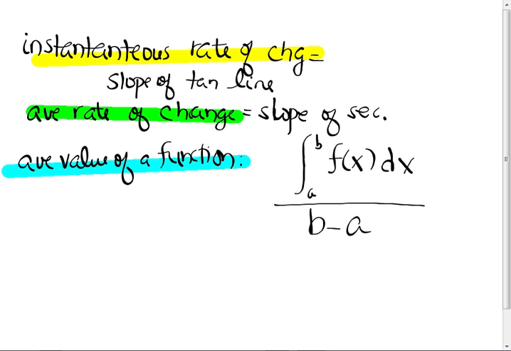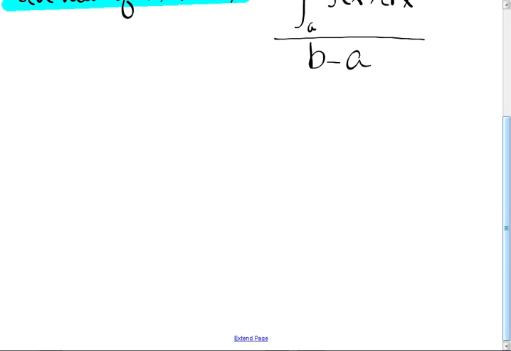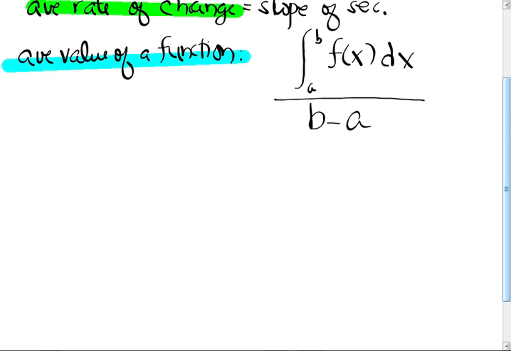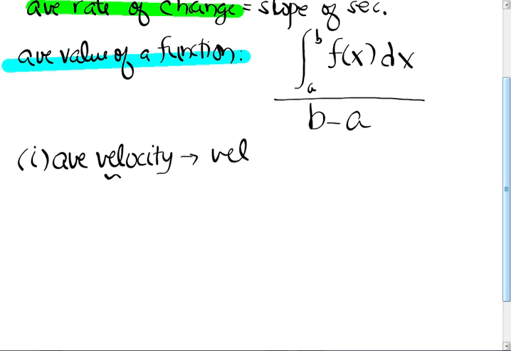Let's look at velocity. Case 1. If I want the average velocity, well, it depends on what I'm given. Okay, guys, this is critical right here. If I want the average velocity and I'm given the velocities, these words match.